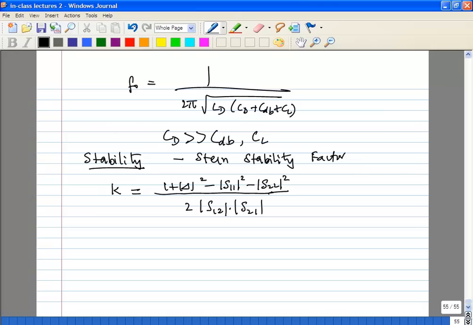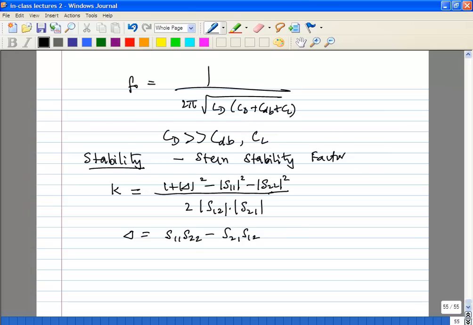So it completely depends on the S parameters of your 2 ports. This is a very general situation for any 2 port with S parameters. And your delta is S11 S22 minus S12 S21.